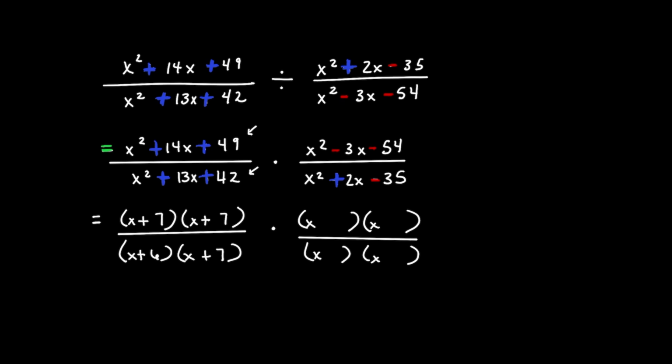Looking at the top right, we have a negative and a negative, so in our parentheses are going to be a negative and a positive. Our factors of 54 are 6 and 9, and you can say 27 and 2, 54 and 1, and 18 and 3.